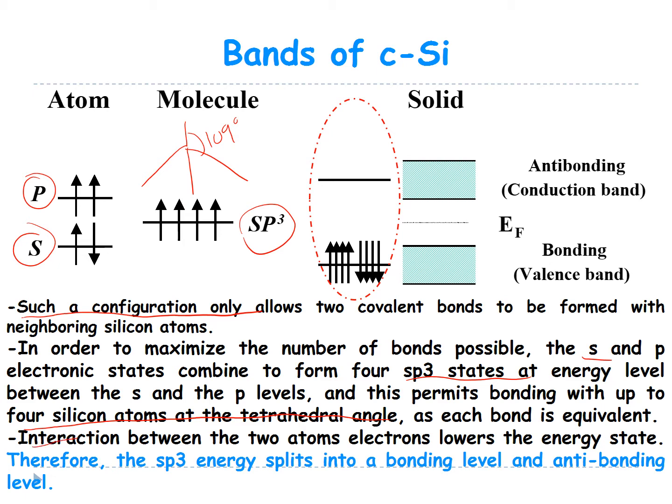The interaction between the 2 atoms' electrons lowers the energy state. Therefore the sp3 energy splits into a bonding and an anti-bonding level. So remember, when you bring silicon atoms together, the wave functions of the electrons can either constructively interfere to form the bonding state, or they can destructively interfere to form the anti-bonding state.